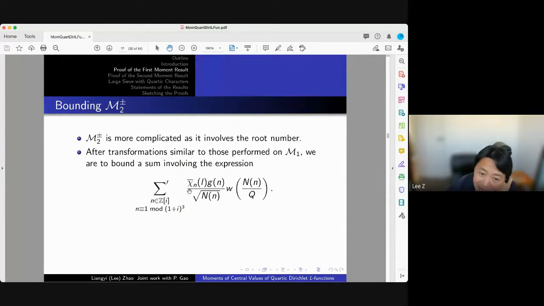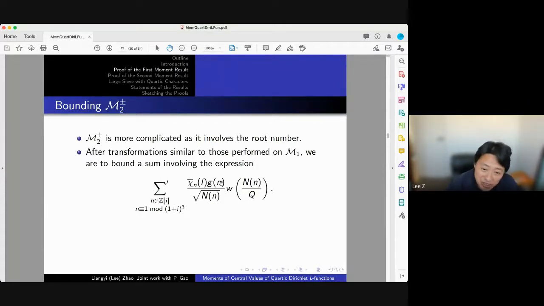Chi bar is this character, because it's the second term in the approximate functional equation, and the square root of the norm of n is basically the square root of m there in the approximate functional equation.